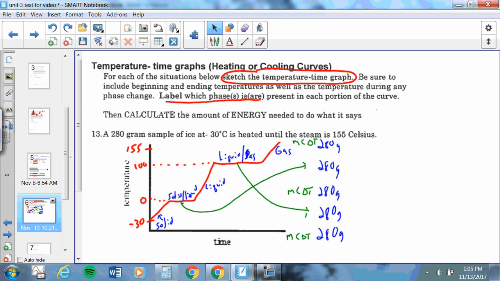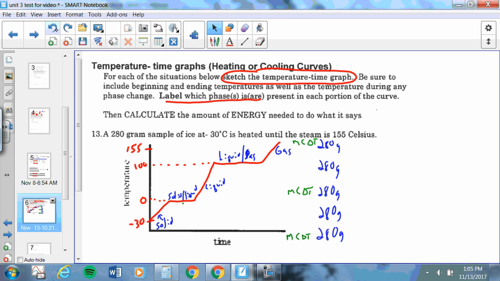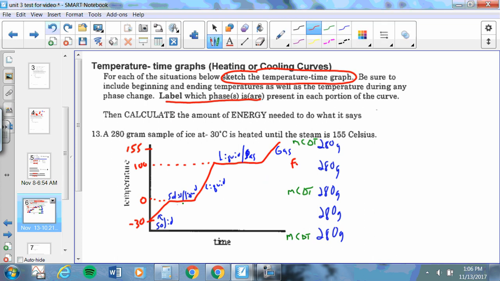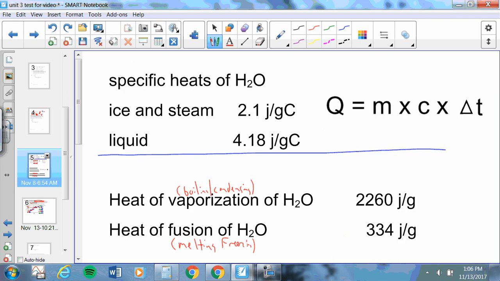So let me go back here. This part was melting, so it's fusion. This part was boiling, so it's vaporization. This helps me know which numbers to go get. In fact, I might even just start with the fusion and vaporization. Heat of fusion, every gram requires 334 joules.